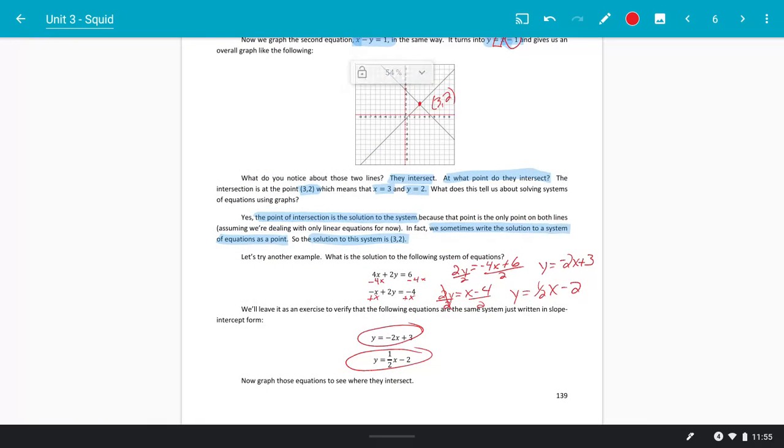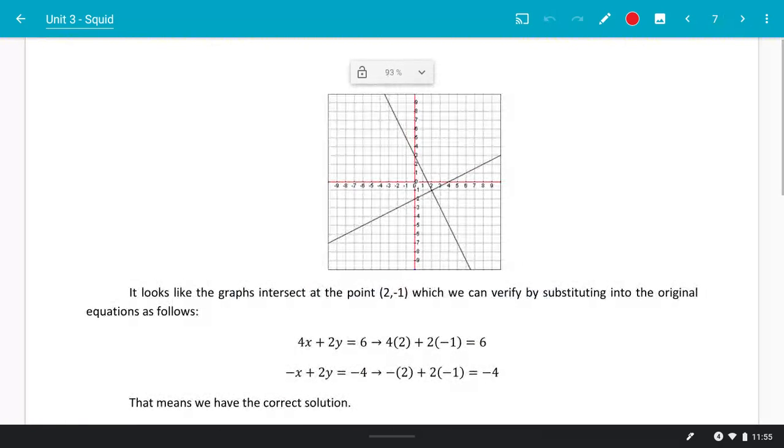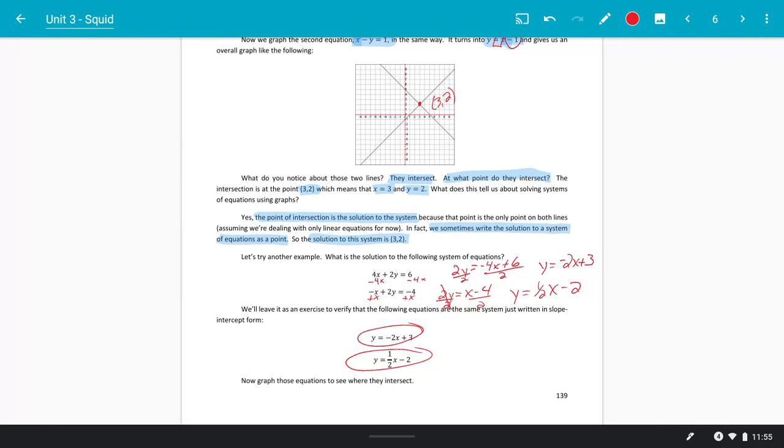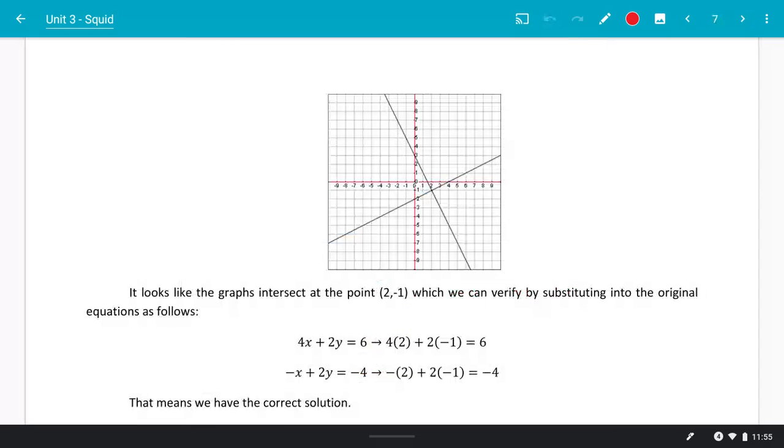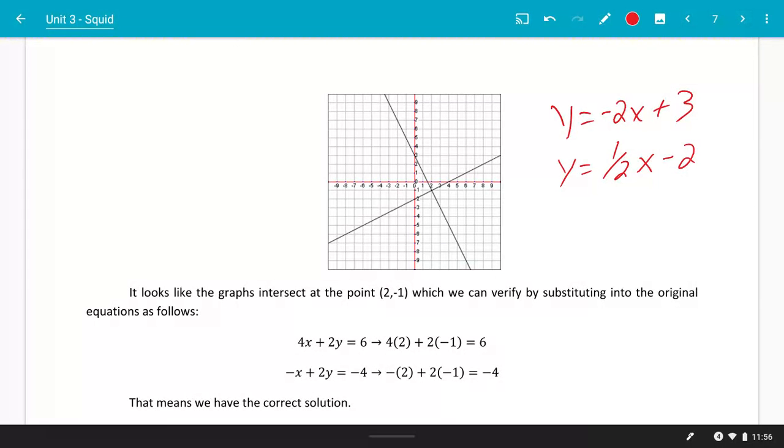So now let's graph those two equations. Quickly, they were y equals negative 2x plus 3 and y equals 1/2 x minus 2. Just double checking. Yep, those are my two equations.